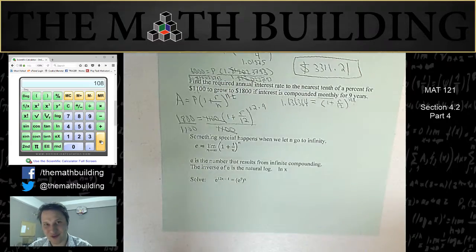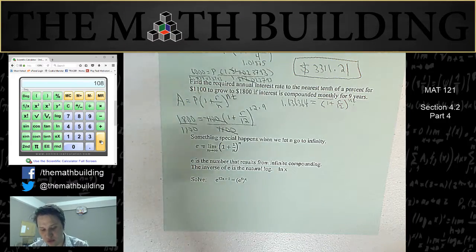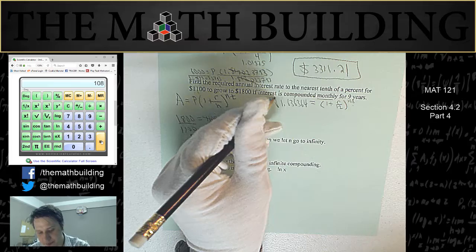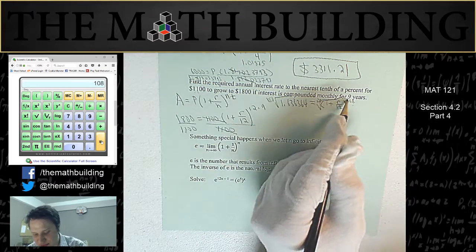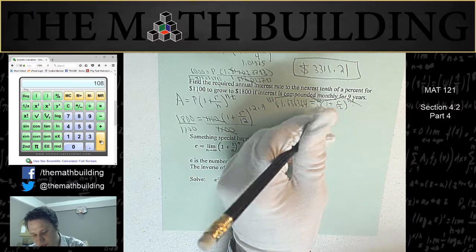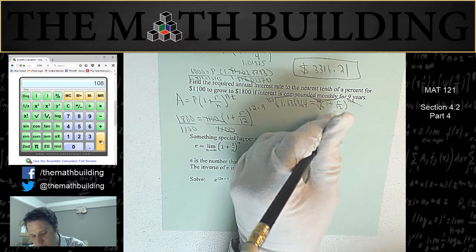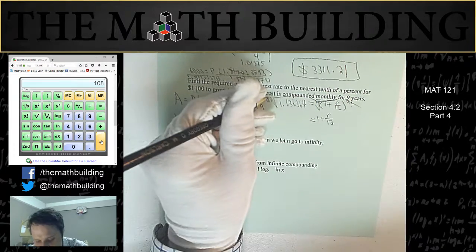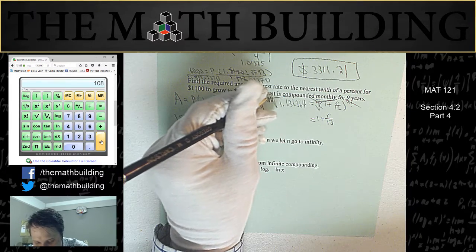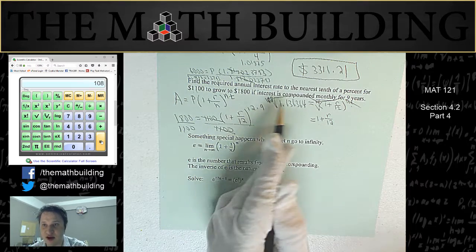And I know that sounds kind of crazy, but basically what that does is it cancels the exponent. So on the right, we just get 1 plus R over 12, which is nice. So now we need to take the 108th root, not 180th root, the 108th root of the left.